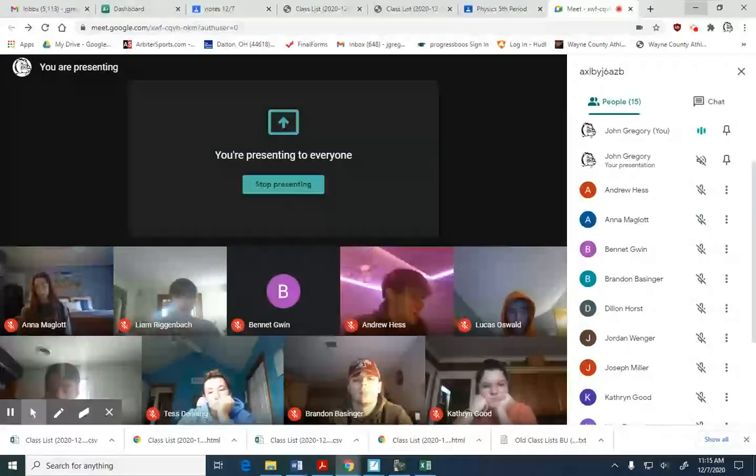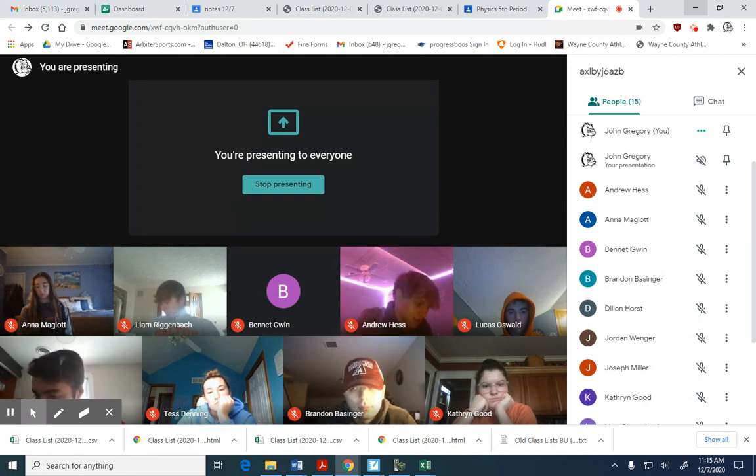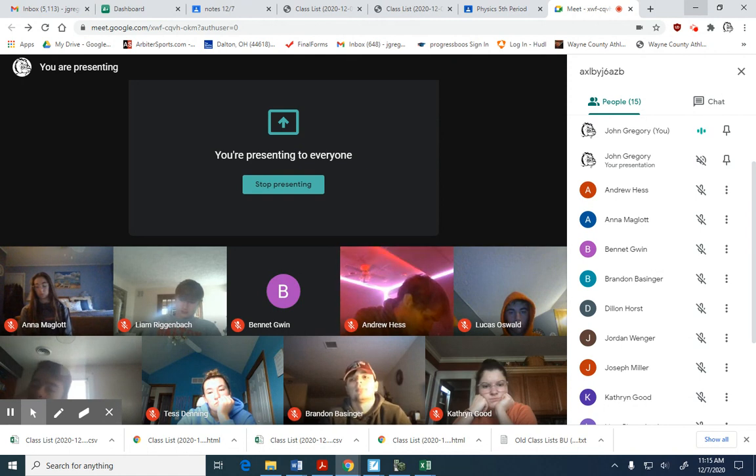What you can see with this dial is, as soon as the object starts moving, the dial will start going backwards. It goes from here back to here when the object starts moving.